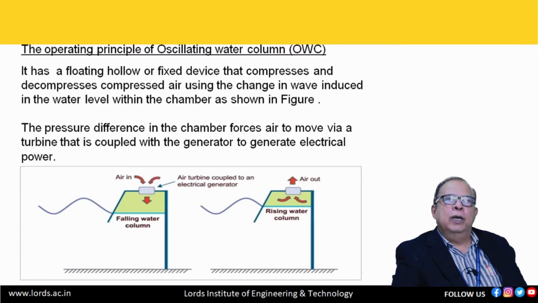How is this happening? The pressure difference in the chamber forces air to move via a turbine that is coupled with the generator to generate electrical power. This is the technology the oscillating water column uses, or we can say this is the working principle of the oscillating water column converter. Right, next.